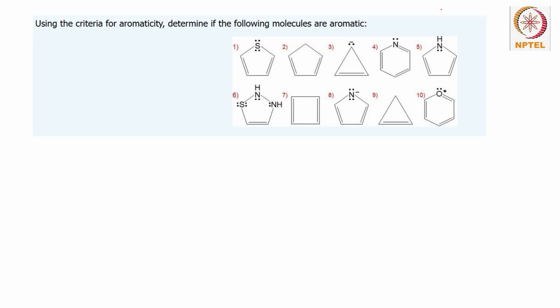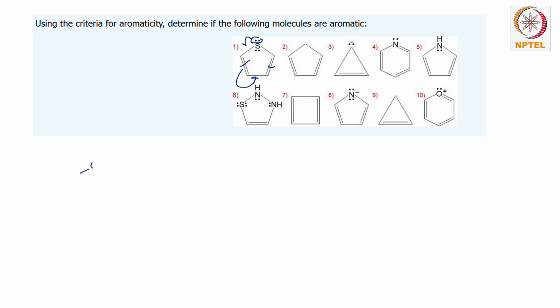So if you see, for this one, 2 pi bonds, so that will be 4 pi electrons, and the sulfur has a lone pair, so this can be involved in this system. So it can come here, this can go here. This way, it can be conjugated with each.